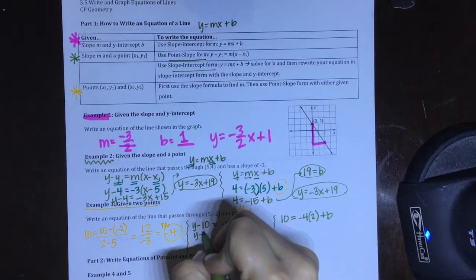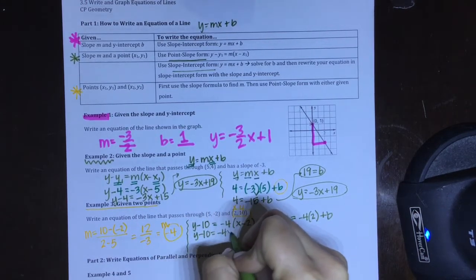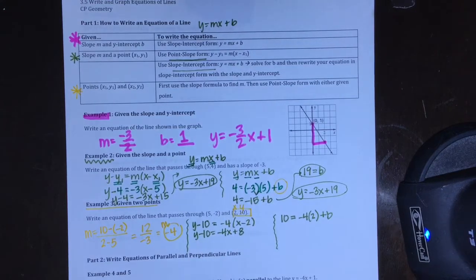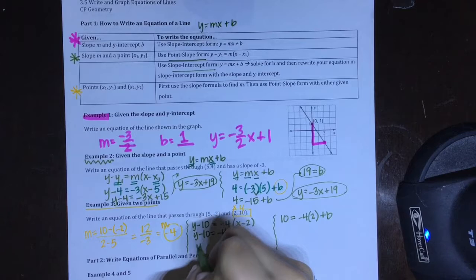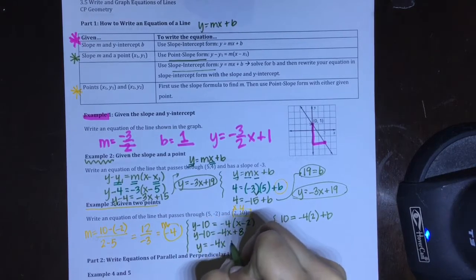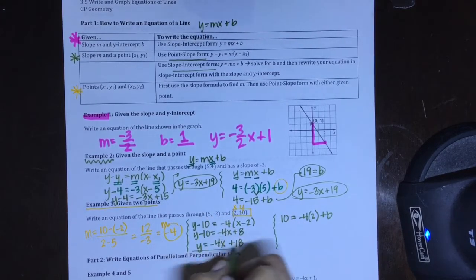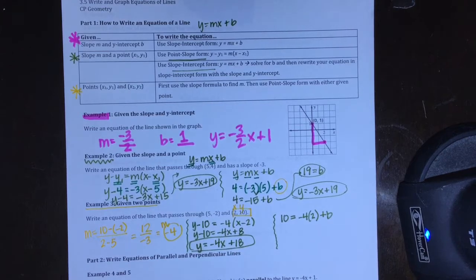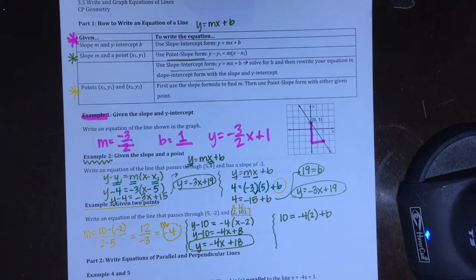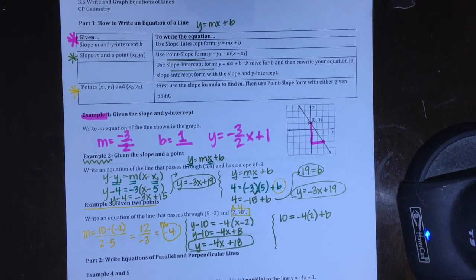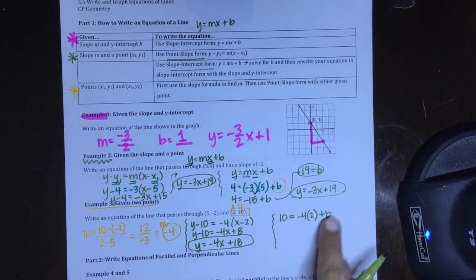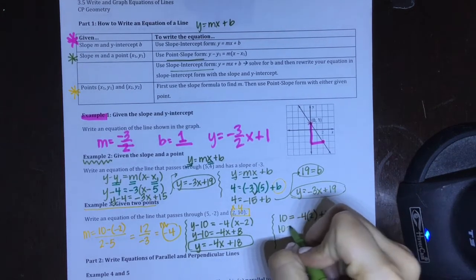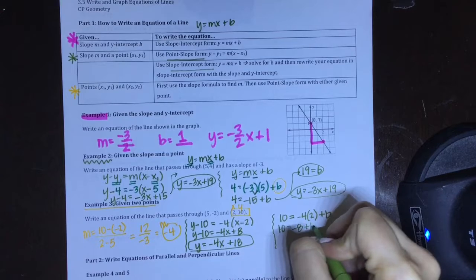So here I get y minus 10 equals negative 4x plus 8. If I just add that 10 to the other side because I want y by itself, I get negative 4x plus 18. If I solve my y equals mx plus b way, I get 10 equals negative 8 plus b.